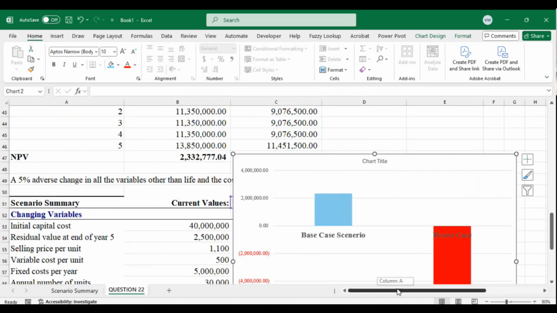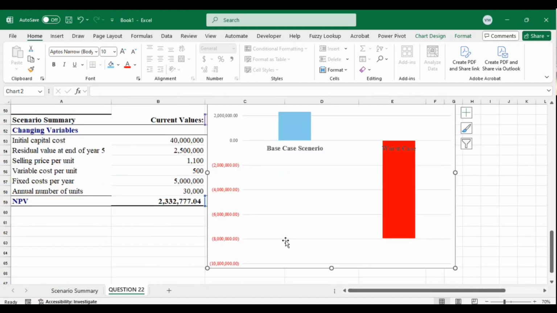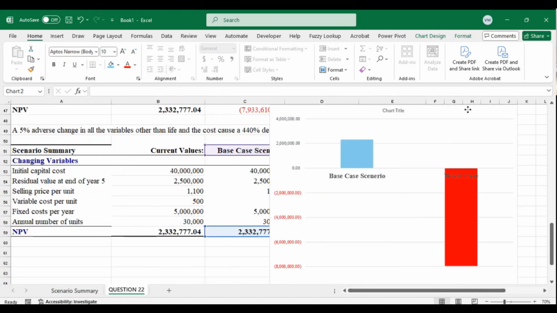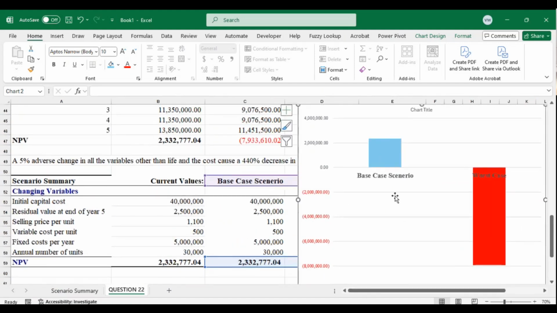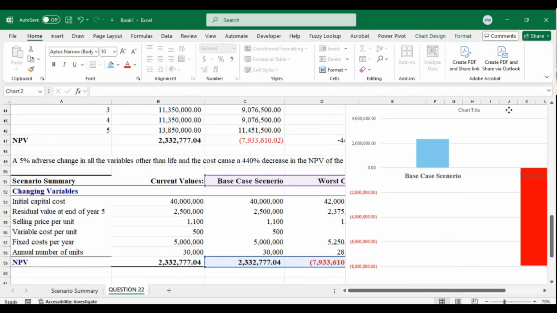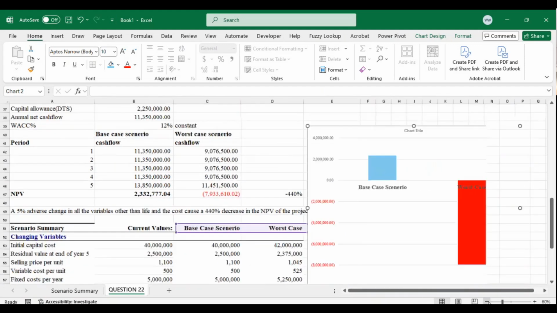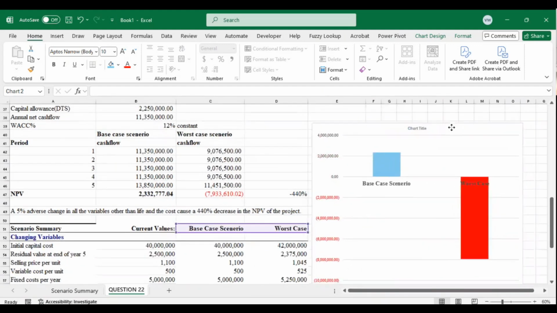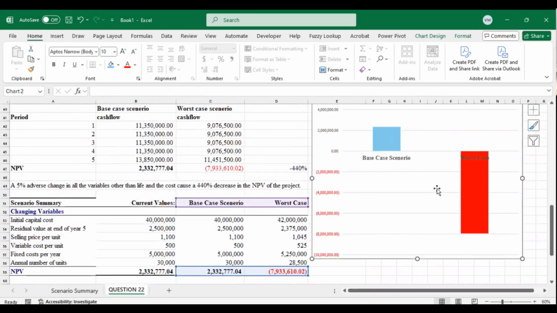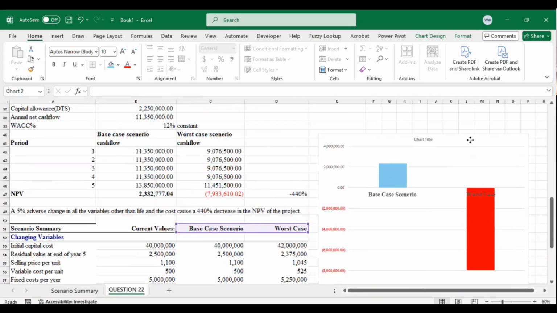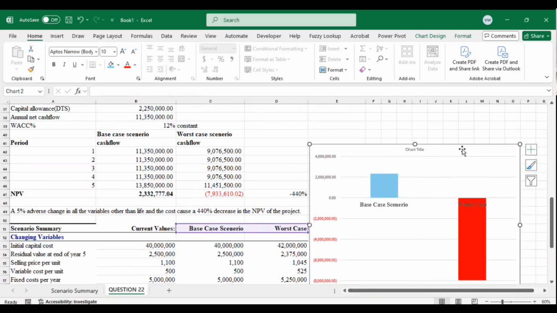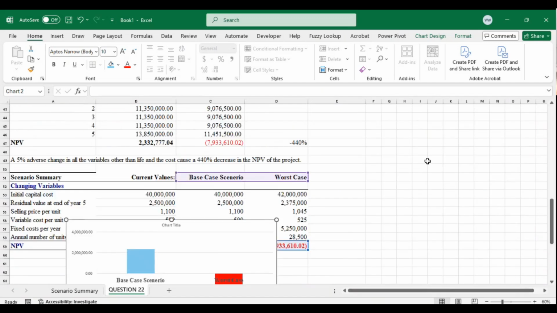Then our chart definitely should have a heading or a title. So let me move it here just beside this. But it doesn't necessarily have to be beside it.